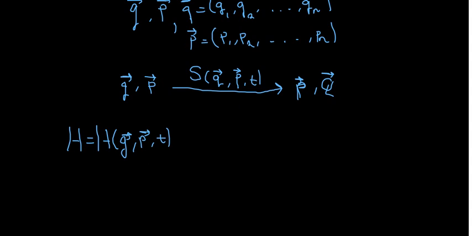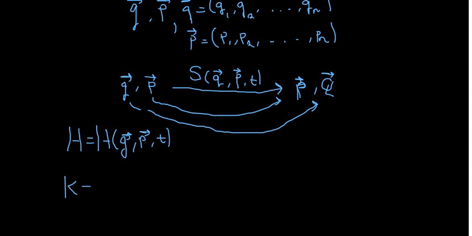So sometimes we want to transform to some new easier Hamiltonian, and we carry this out by transforming those canonical variables to some new canonical variables, and this will make the new Hamiltonian, which we're gonna call K, a function of the new canonical variables, the vector capital P and the vector capital Q, and t, right?